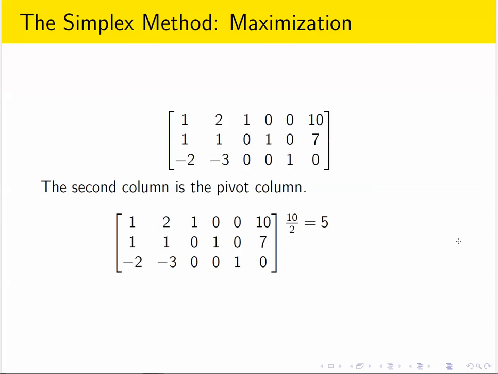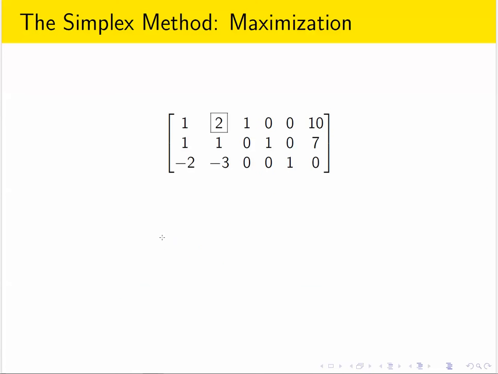So let's begin. The first ratio we get is 10 divided by 2. The second ratio we get is 7 divided by 1. And we notice between those, 5 is the smallest of the test ratios. So now we know that our first row is the pivot row. And because we have first row, second column, the entry in the first row, second column is our pivot.